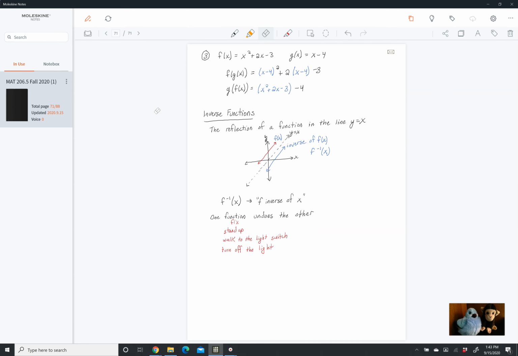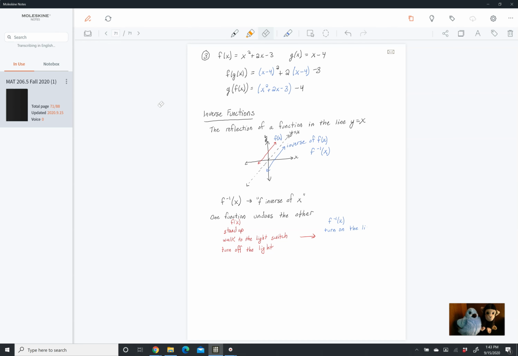Let's say that this is the function. Well, the inverse of that function, f inverse of x, would be saying turn on the light. You're undoing what you did.